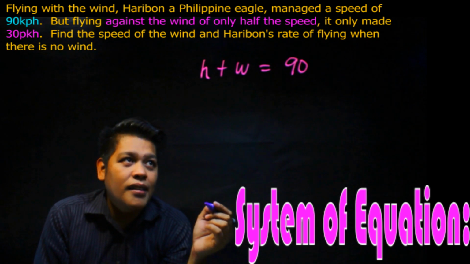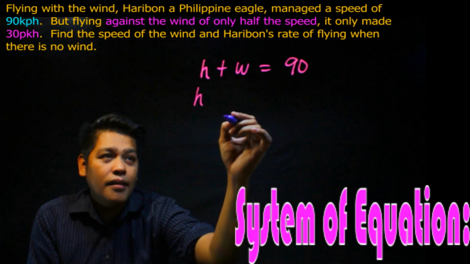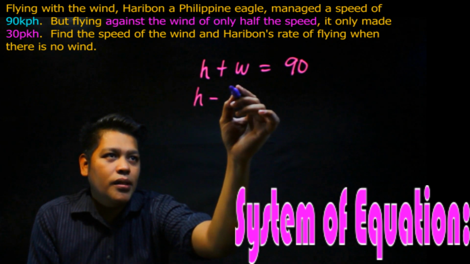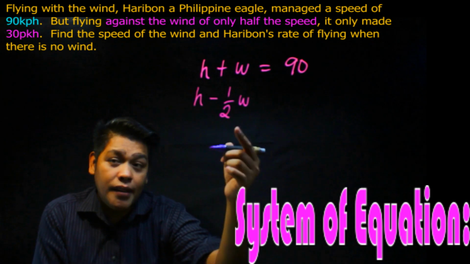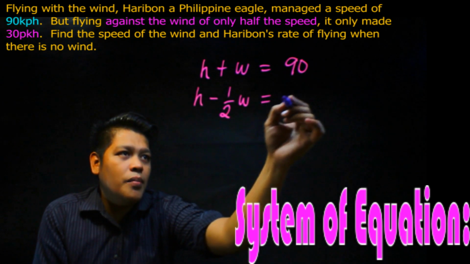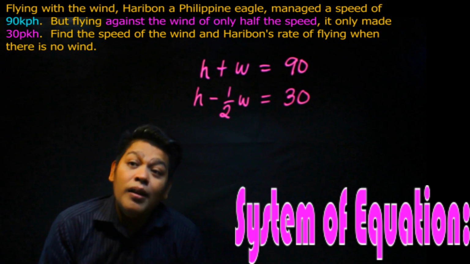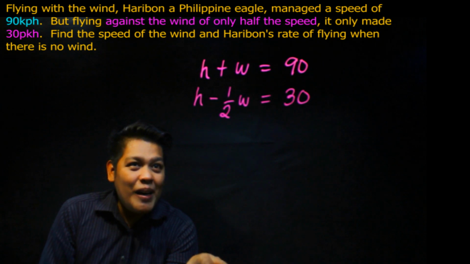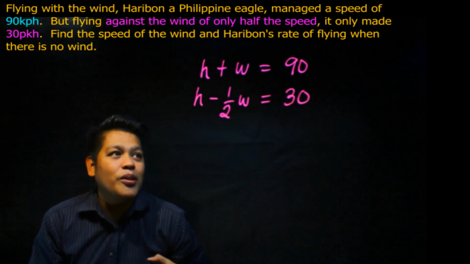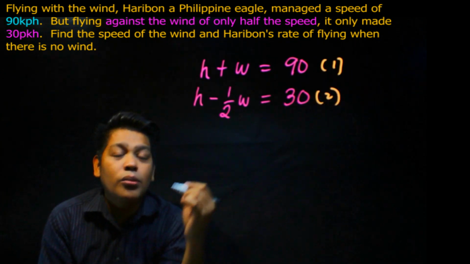Then, the Haribon's rate minus the 1/2 of the speed rate ng wind is equivalent to 30. So, ayan yung ating system of equation. Lilinisin muna natin yung ating equation number 2. So, this is equation number 1 and equation number 2.